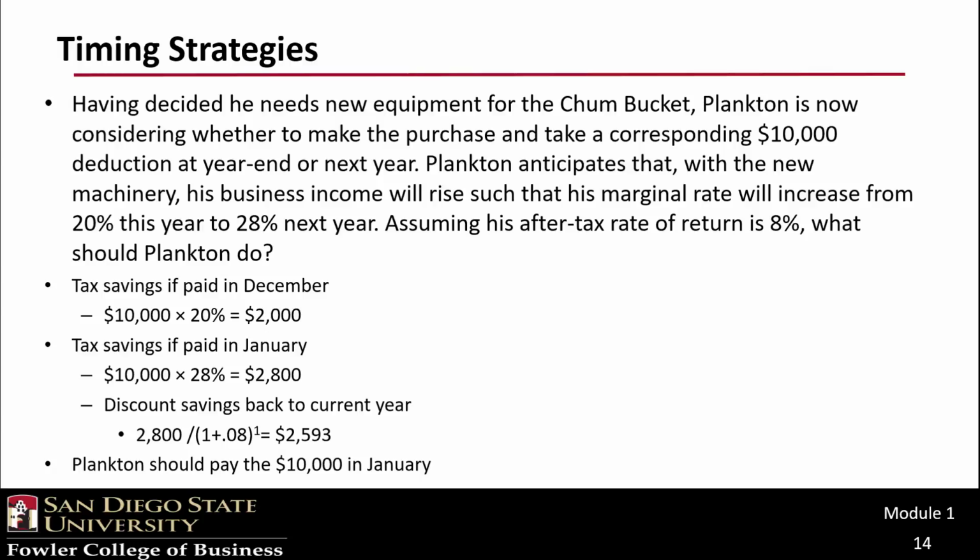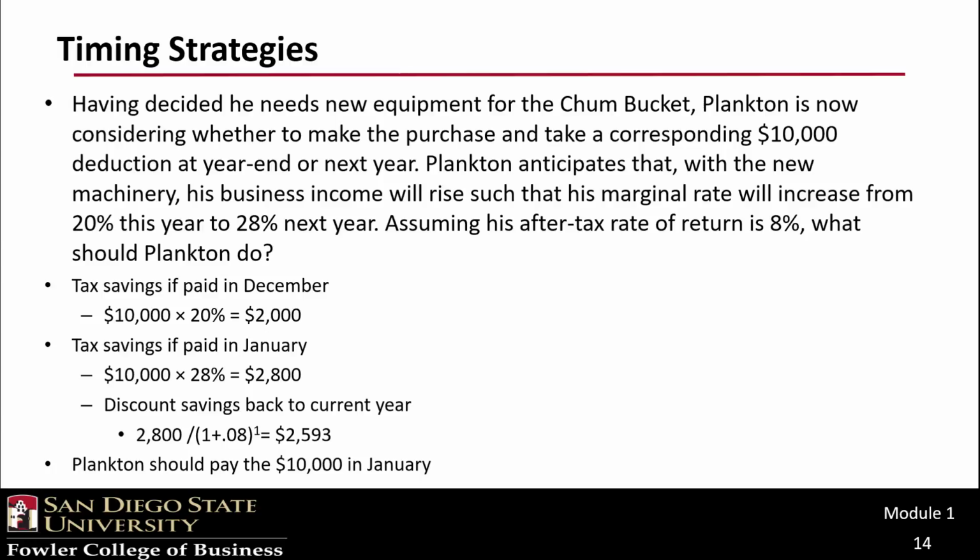Chum Bucket has decided that they need to buy new equipment, and they're considering whether to make a $10,000 deduction for the purchase of equipment this year or next year. And Plankton anticipates that with the new machinery, his business income will rise so that his marginal rate will increase from 20 to 28%. So if we assume the after-tax rate of return is 8%, what should Plankton do?